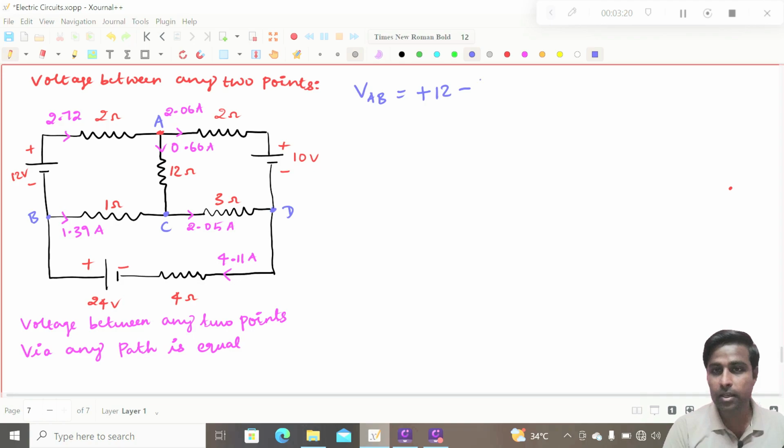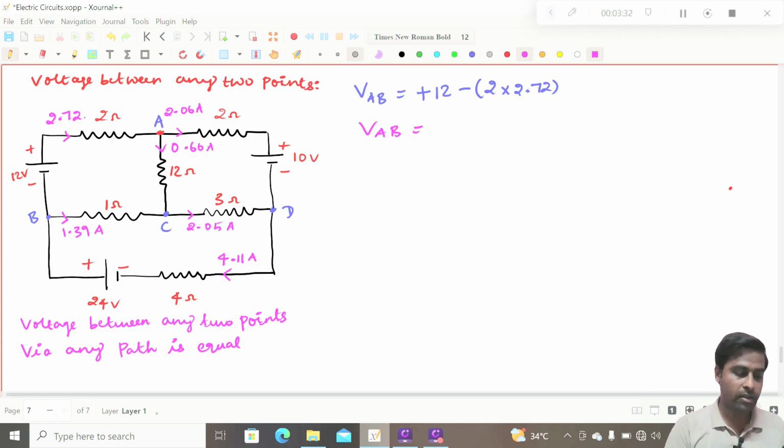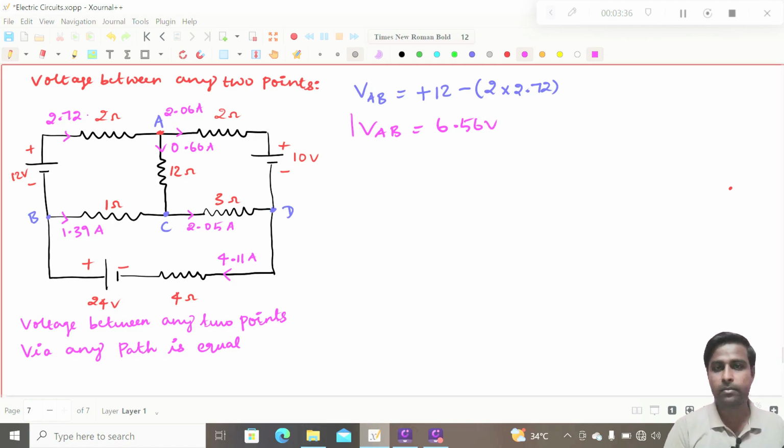If I write like that, 2 into 2.72, and simplify this, I am getting VAB equal to 6.56 volt, right? This is the final VAB.